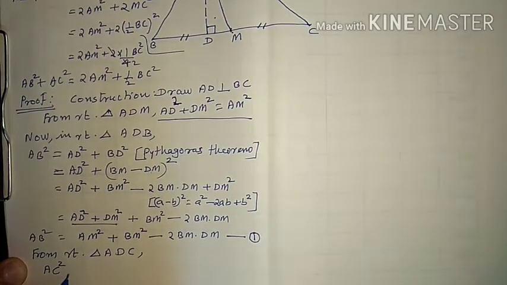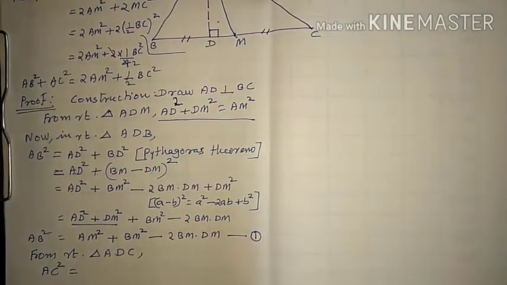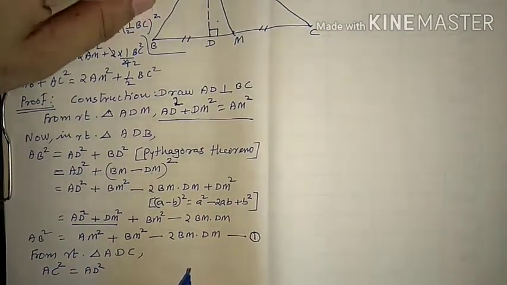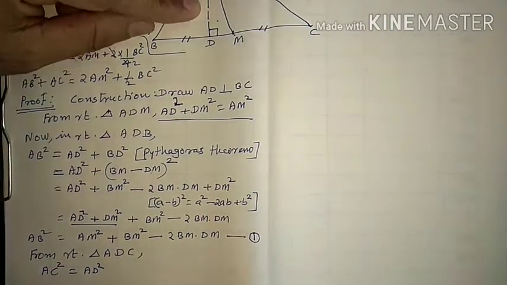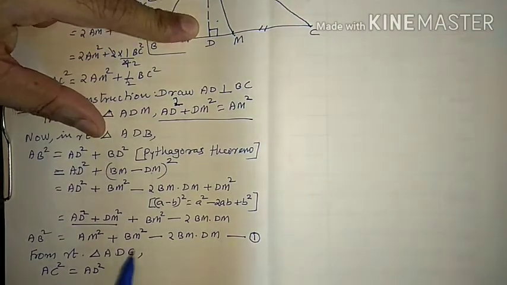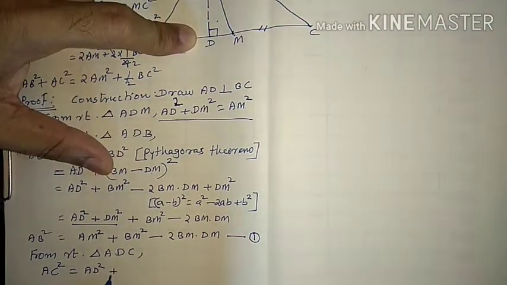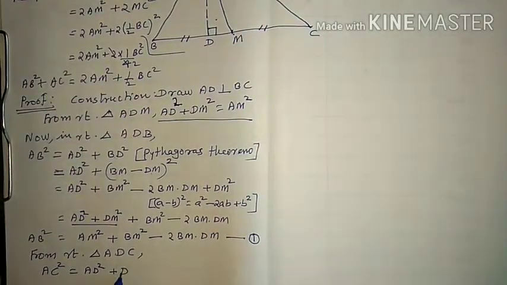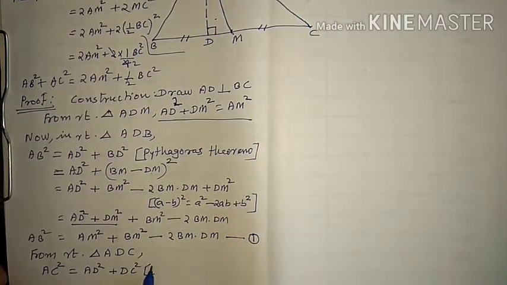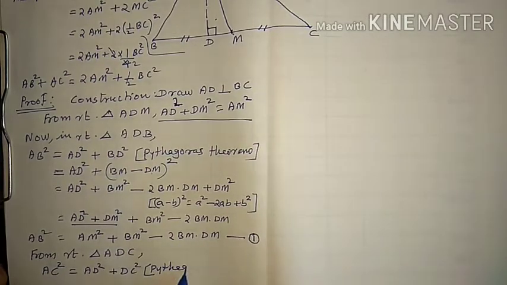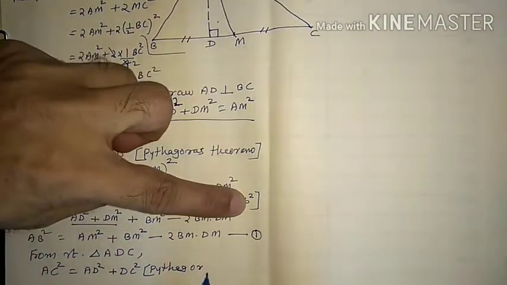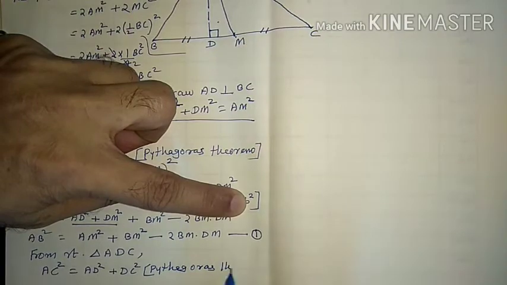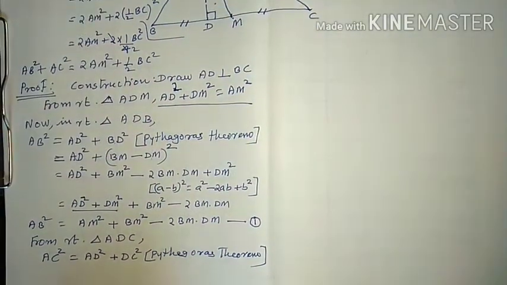It is AC square, hypotenuse square, is equal to the sum of squares of the remaining two perpendicular sides, AD square plus this DC square. Pythagoras theorem only.